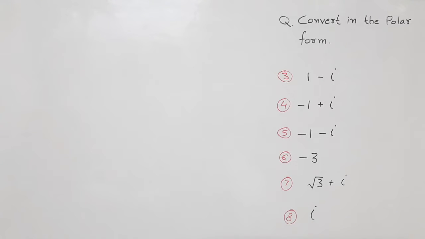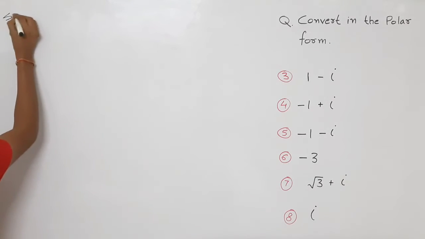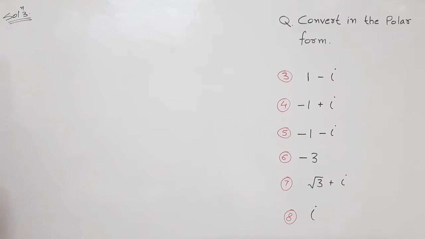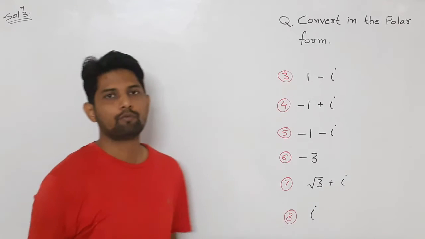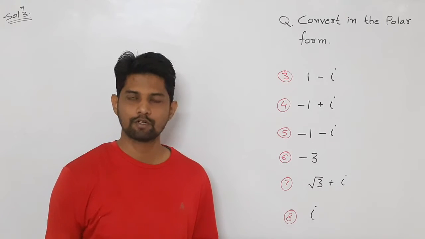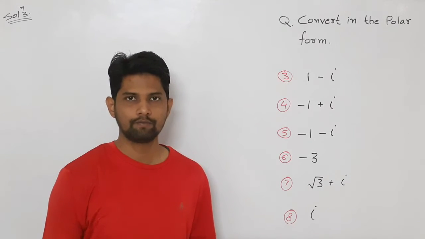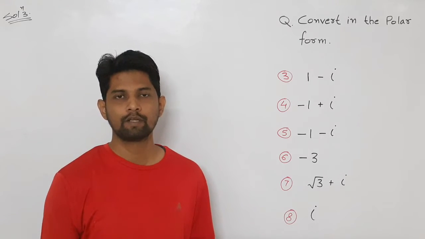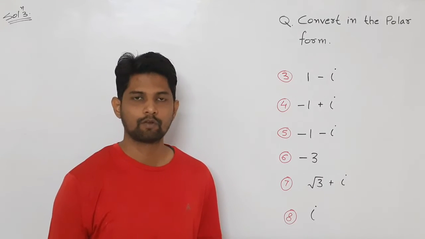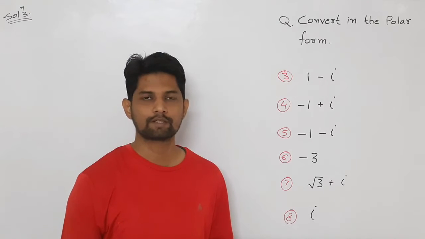So from question number 3 to 8 we have to convert these complex numbers in polar form. So let's see the question number 3. So to convert any complex number in polar form we need two things. First of all we have to know r, which is modulus of that complex number. Second thing is theta or principal argument of that complex number.